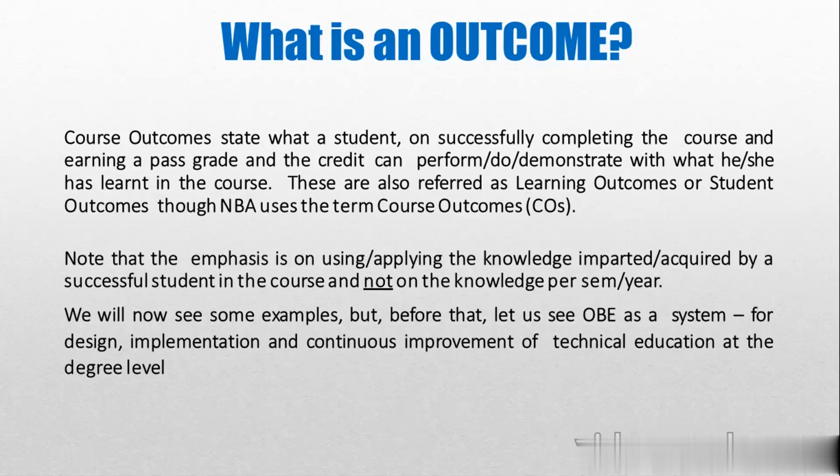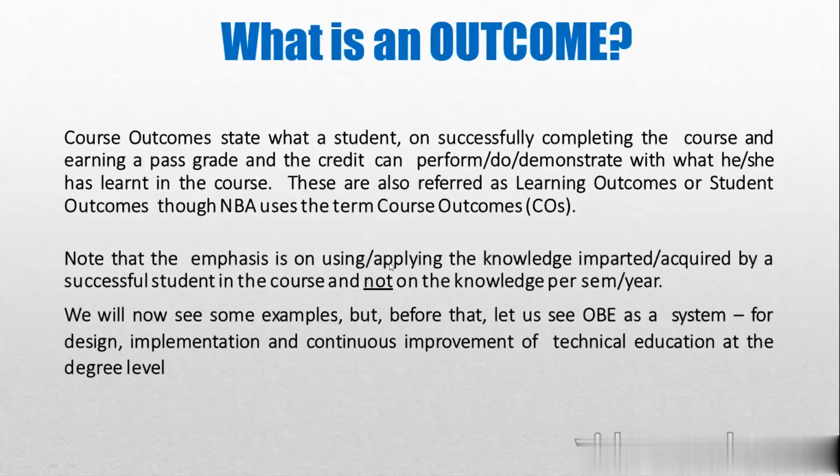They should be able to achieve those course outcomes at the end of the course. Note that the emphasis is on applying the knowledge imparted or acquired by a successful student in the course, and not the knowledge per se. The course outcome is applicable to only that particular subject.